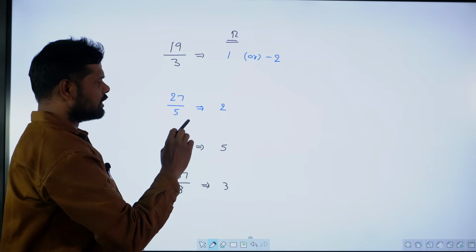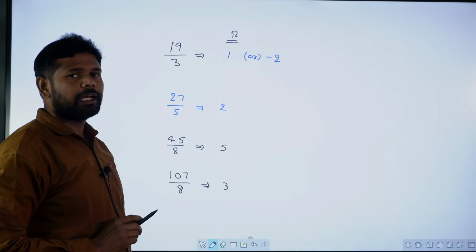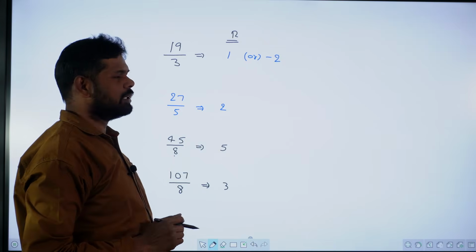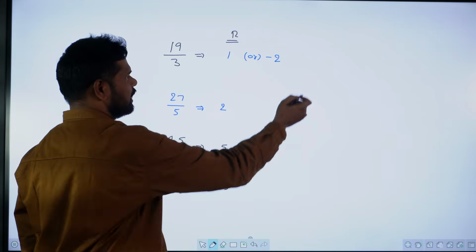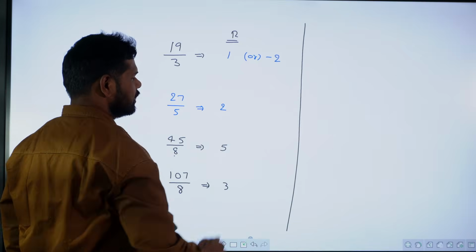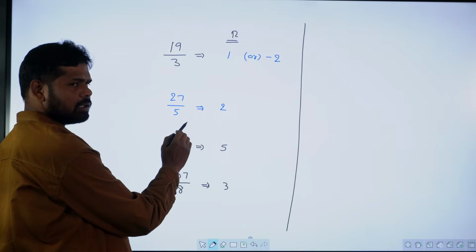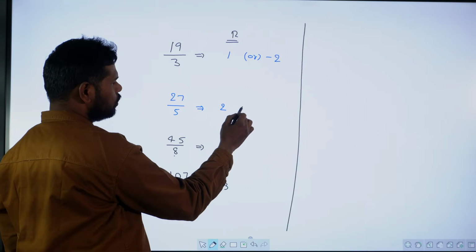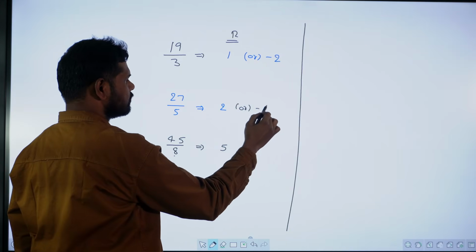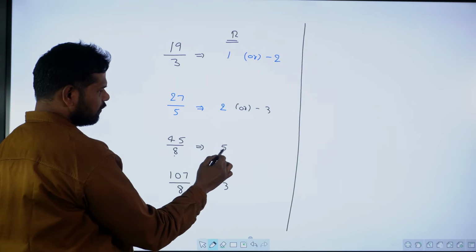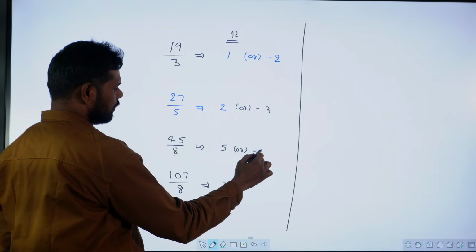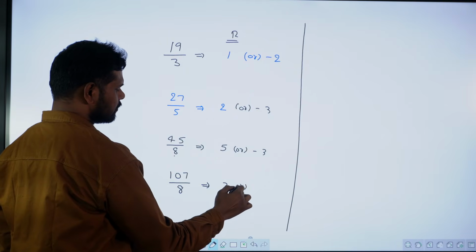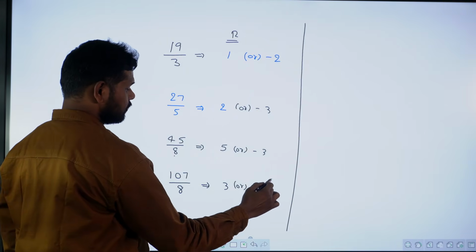So compare with the divisor and give the negative remainder. Why? For easy calculation. Suppose a similar case, 5 fives are 25, remainder is 2, or the other case minus 3. 8 and 5, so 5 or minus 3. Here 3 or minus 5.